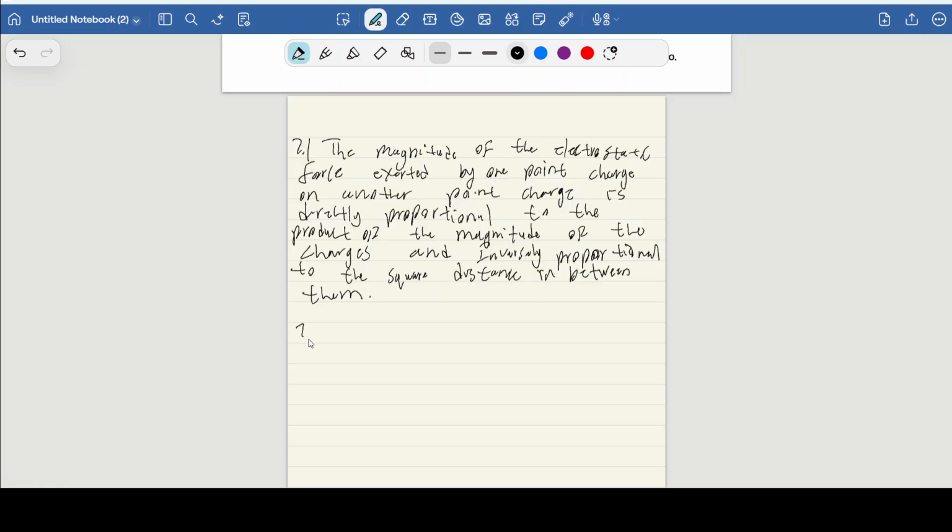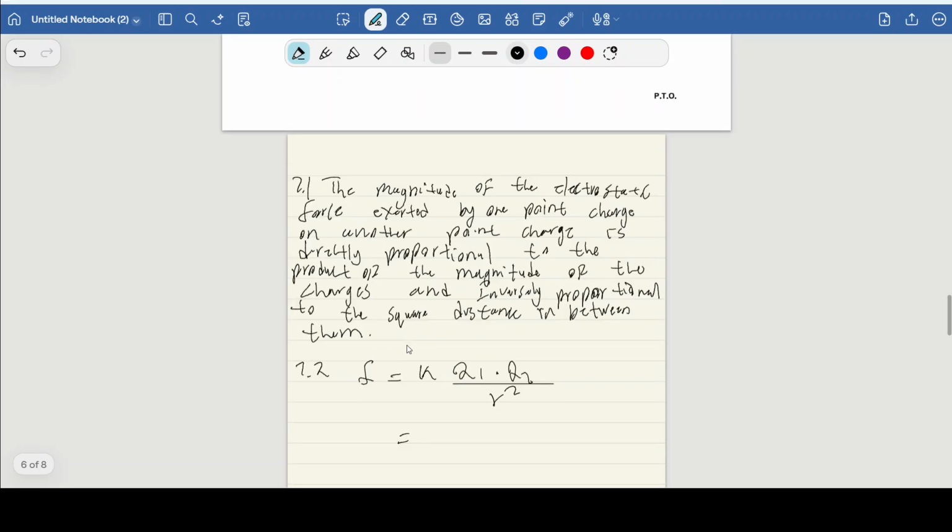The equation is F equals k Q1 times Q2 divided by the squared distance between them, which is r squared.